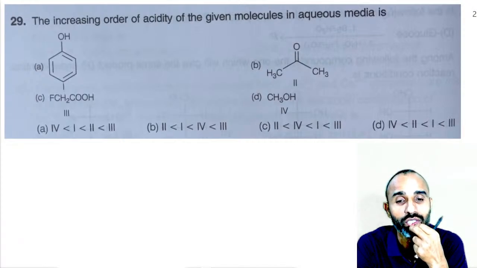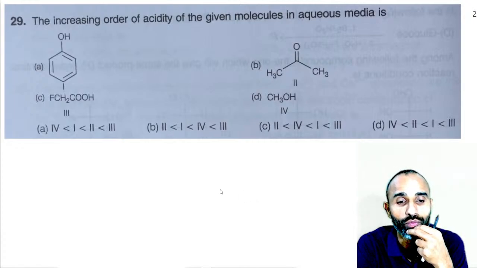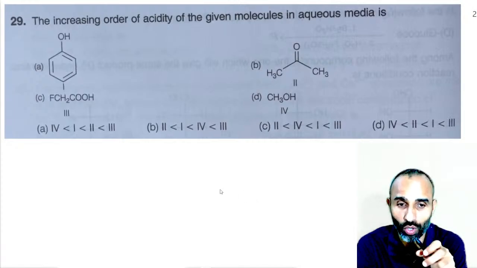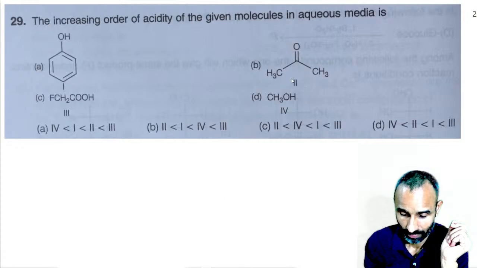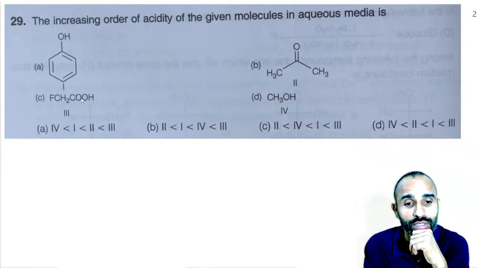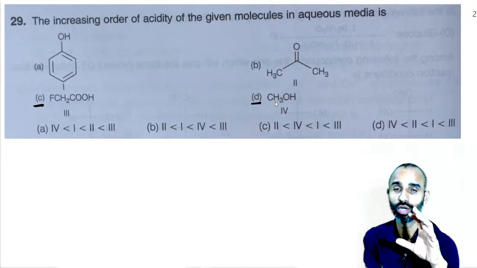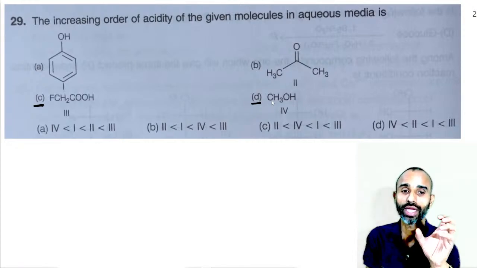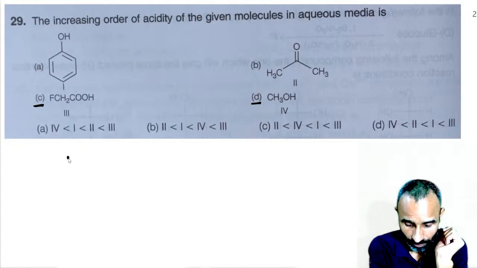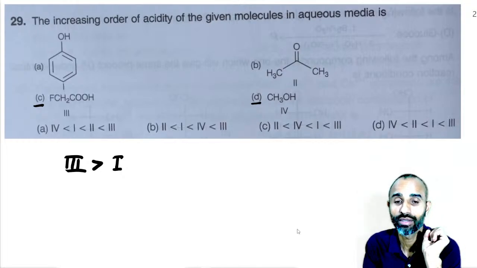Okay, so first one is phenol, second one is acetone, third one is fluoroacetic acid, and D option is alcohol. So carboxylic acid is more acidic than phenol. So the third is more acidic than the first.